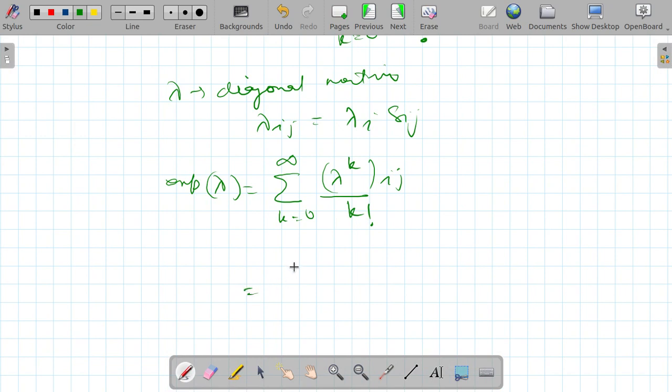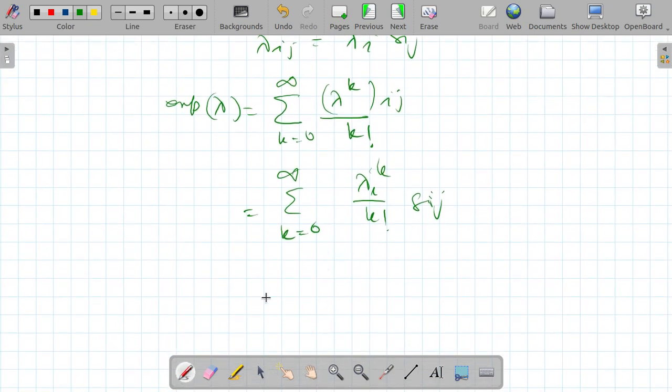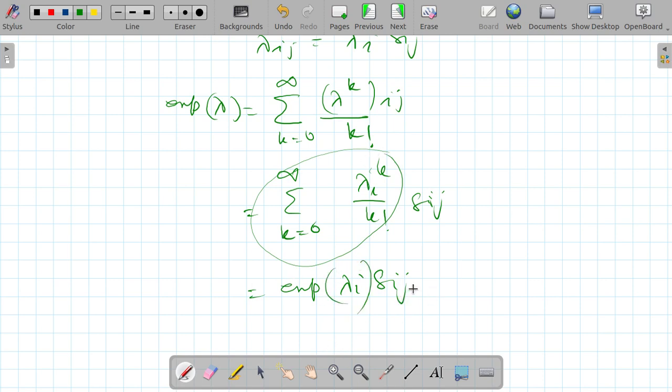This I can write as the sum of lambda i raised to k over k factorial times delta ij, which is nothing but the exponential of lambda i times delta ij.